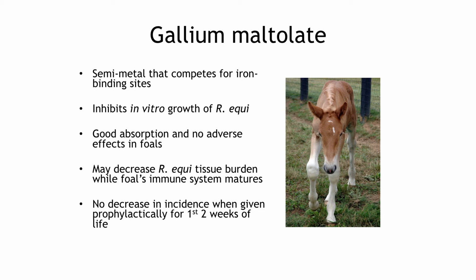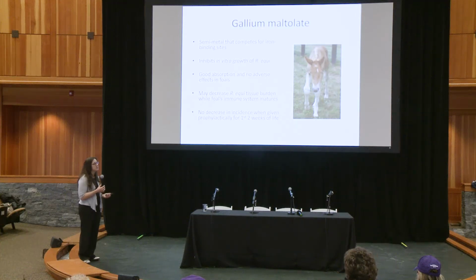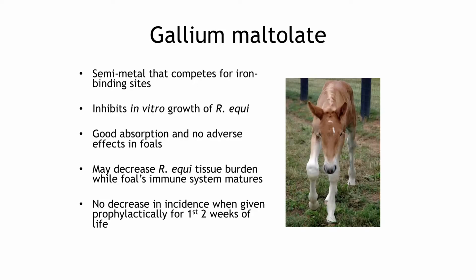It gets good absorption, and no adverse side effects have been noticed in foals. It might decrease the Rhodococcus equi tissue burden while you're waiting for that foal's immune system to mature and fight the Rhodococcus on its own. However, sounds great, but they did not see any decrease in the incidence when this was given prophylactically for the first 2 weeks of life.